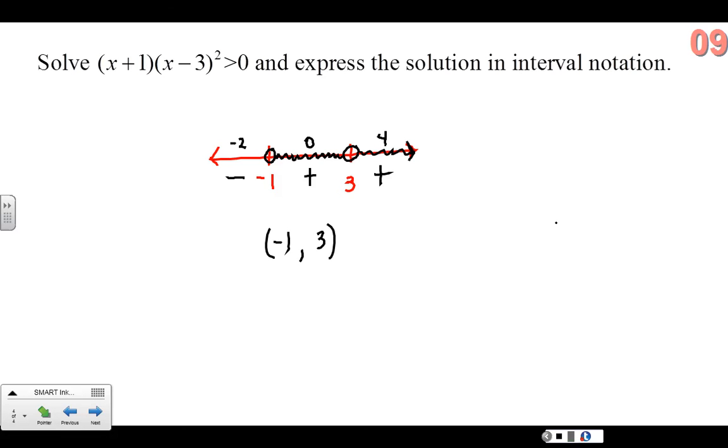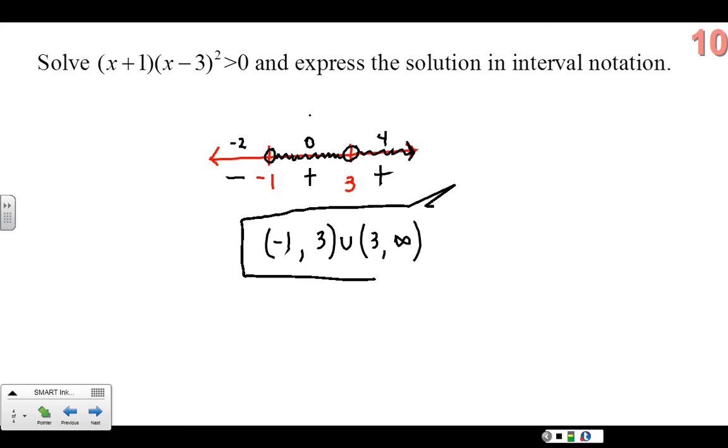And I can't include the 3 in my solution, so we're going to have a union. We're going to have a break here. I'll pick up at 3 to infinity. Because 3 makes it equal to 0, and we don't want it to ever be equal to 0. We just want to know what numbers will make it greater than 0. So here's my interval notation. Okay?